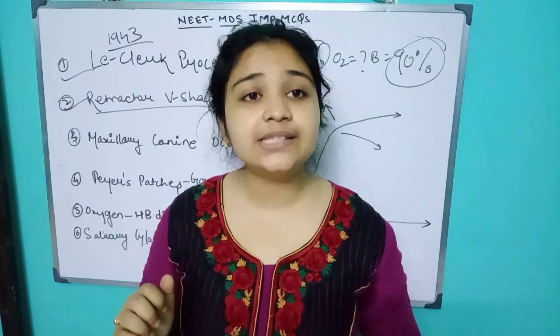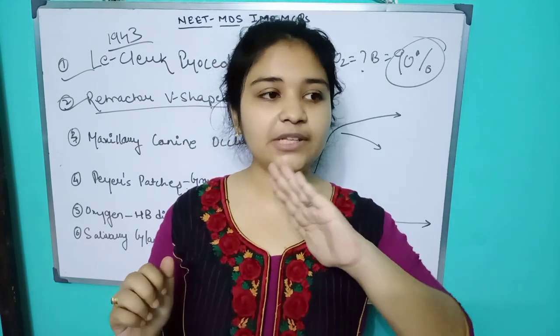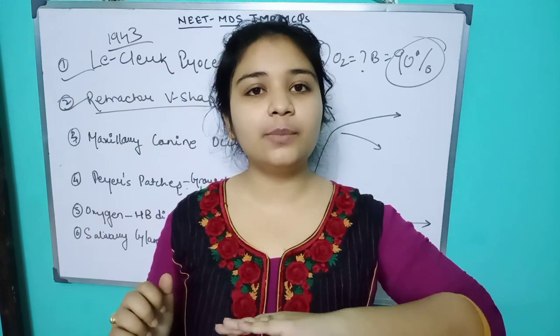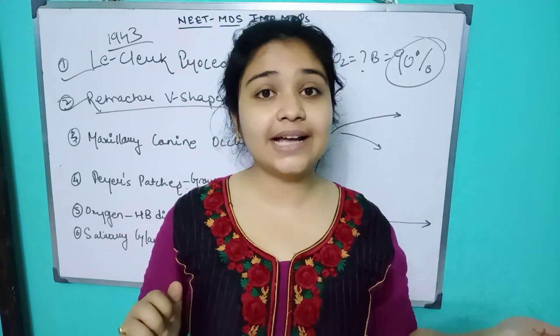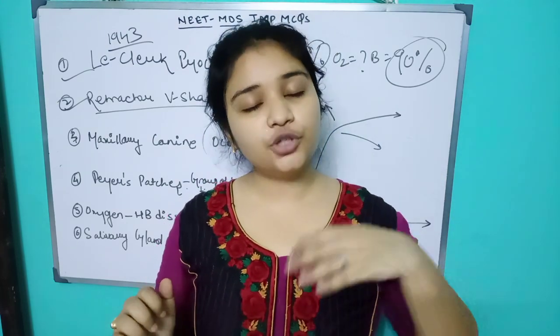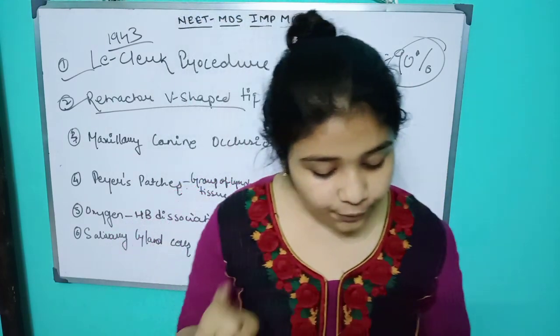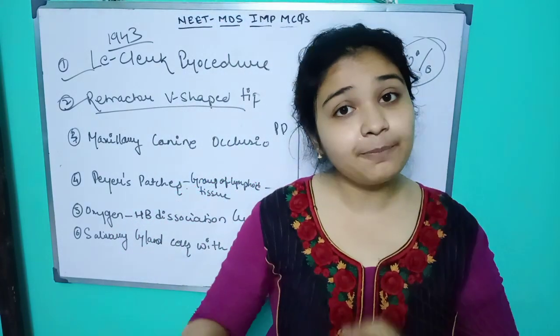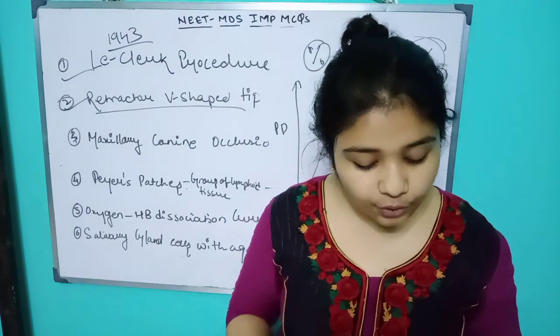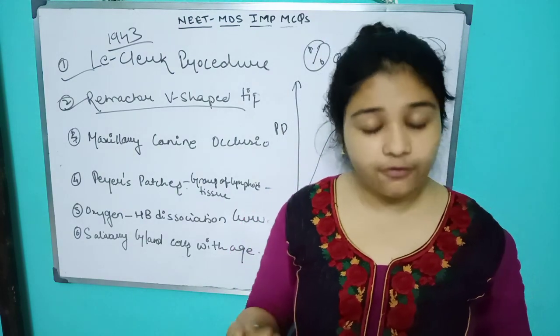If there is lower oxygen, or there is an acidic condition in your body, then it will shift to the right. I will tell you word by word what came. Shift to left is the acceptance of hemoglobin. Shift to right is the dissociation of hemoglobin.